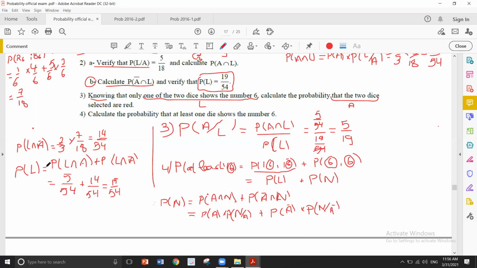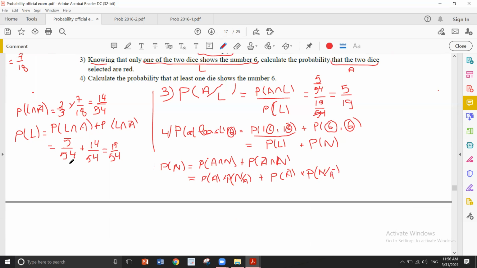The same way we found the probability of L, instead of L I put N, equals the probability of A, 1/3, times N given A. What is meant by N given A?